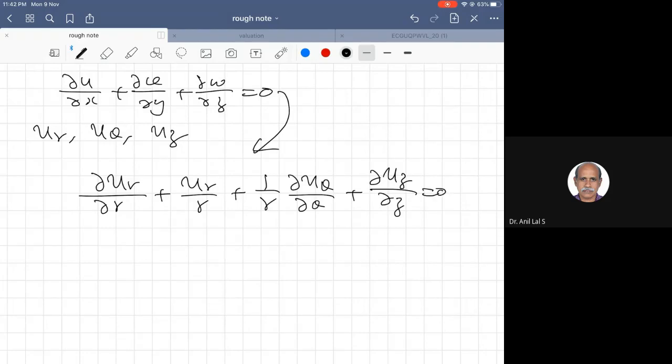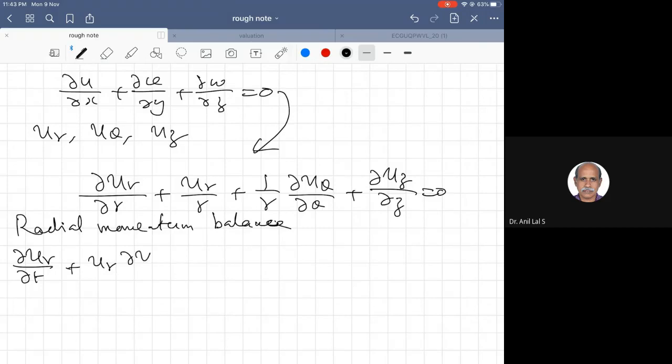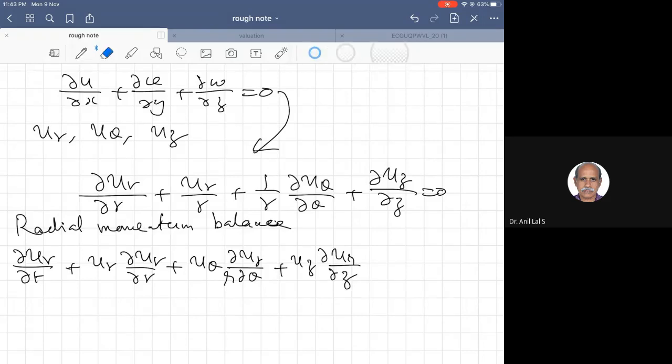The first momentum equation is the radial momentum balance: dou u r by dou t plus u r dou u r by dou r plus u theta by r dou u r by dou theta plus u z dou u r by dou z.